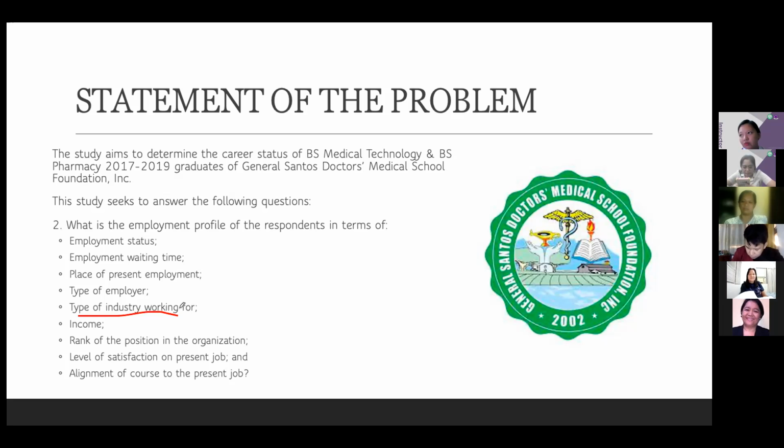Like, nandun ba sila sa hospital? O clinical ba sila? Or ano? And then i-others na lang yung ibang mga industries na hindi siya directly connected with the medtech na trabaho. Kasi may iba nagtatrabaho sila hindi as medtech. Thank you po.